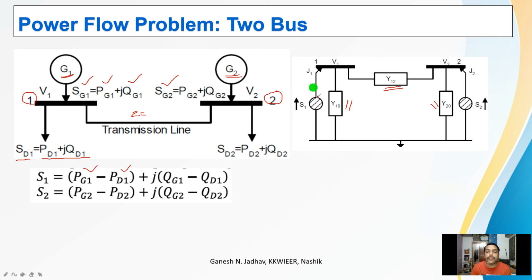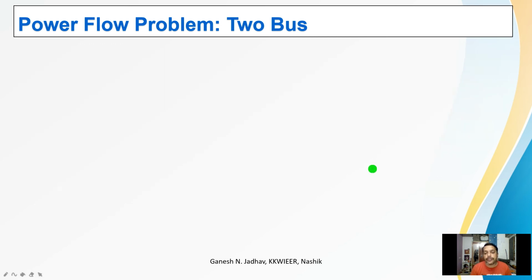Let generator 1 inject the current J1, and the current injected at bus 2 is J2, with respect to the reference bus. So this is my network diagram from the single line diagram. This is the modeling diagram.